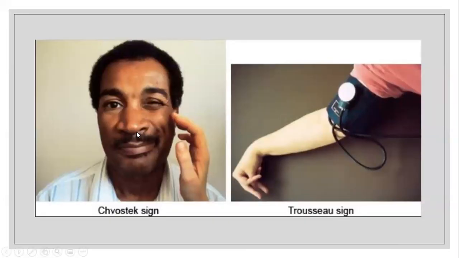Here we can see the Chvostek sign, which means spasm of the facial muscle when the facial nerve is tapped, like the examiner's hand. And Trousseau's sign is the carpal spasm induced by a blood pressure cuff.